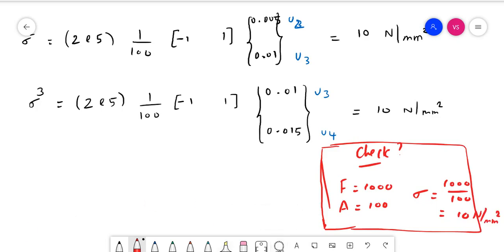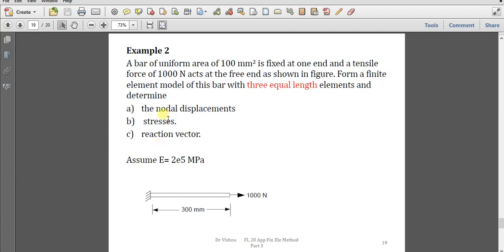Right. So we have completed displacements and stresses.